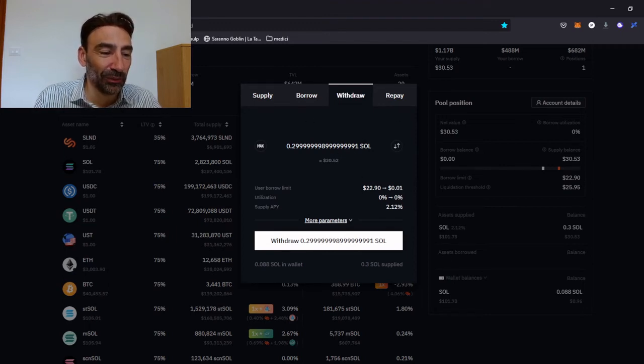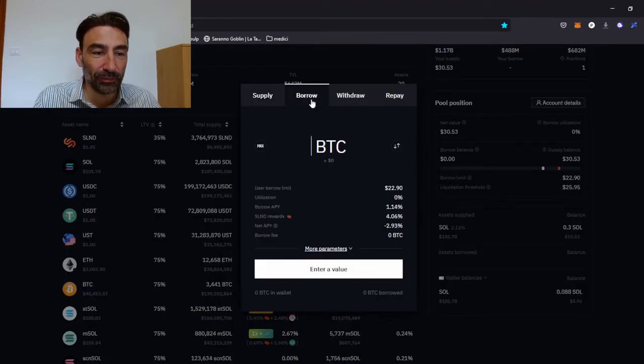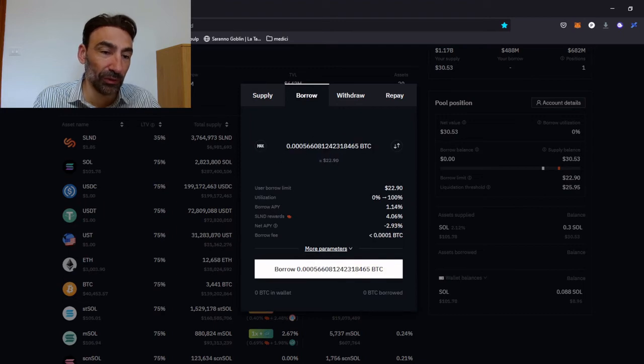But I don't want to withdraw now because I want to borrow Bitcoin. So borrow. How much can I borrow? I don't want to borrow it all because I don't want to risk liquidation. So I will borrow something less, 0.005. Borrow. Confirm transaction in wallet.